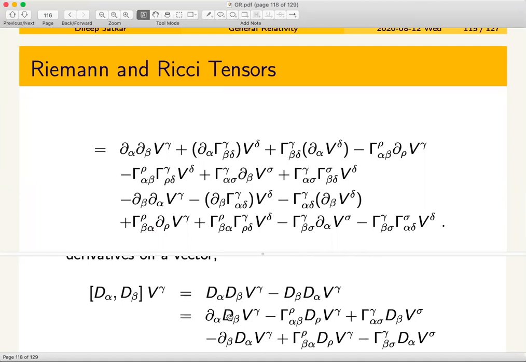If you expand d beta, first piece will be del beta on V gamma and del alpha acting on that is this piece. Second piece would be plus gamma beta delta V delta piece, but then a del alpha could act on gamma or del alpha could act on V delta. So these are the two terms when del alpha acting on it.